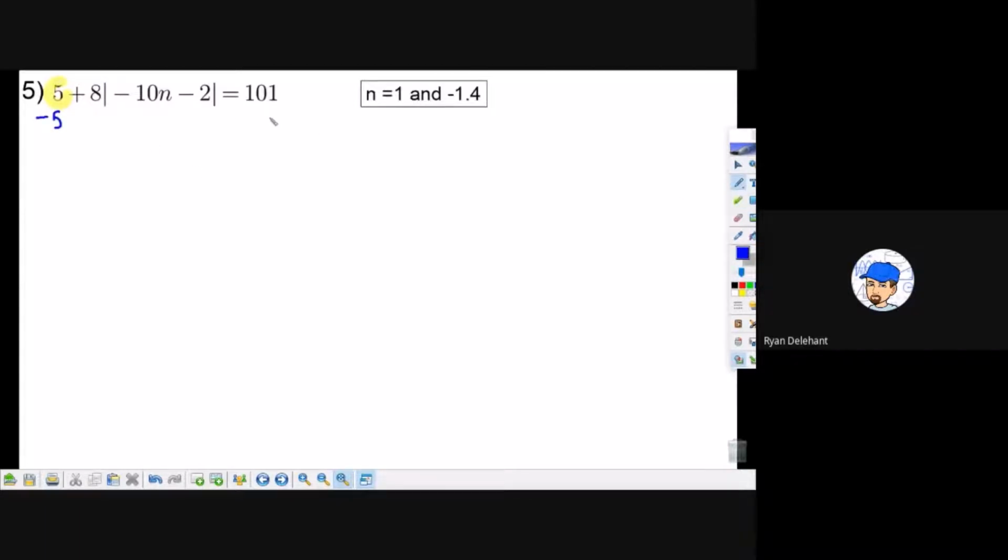We've got to subtract it. And I think what's weird about it is we're not used to seeing a +5 written in front of everything. So you've got to take that and still do the opposite. So this is 8, 10n minus 2, and 101 minus 5 is 96. And that 8 was positive, so now we'll divide by that 8.